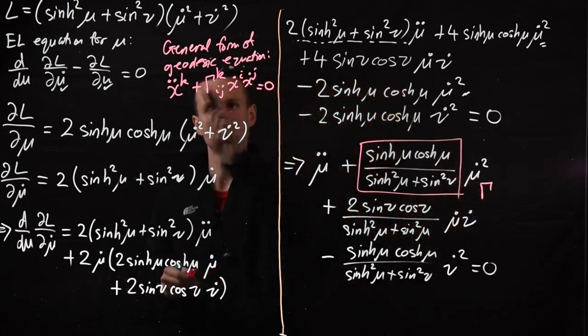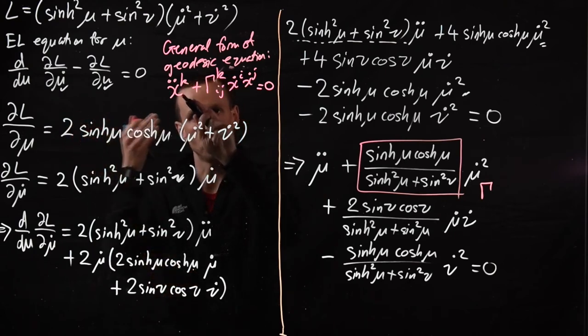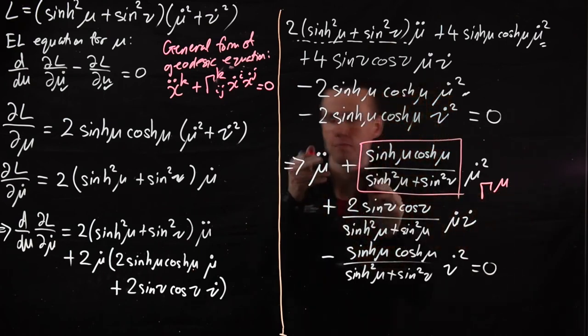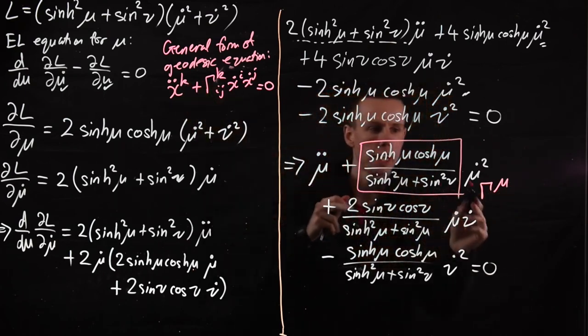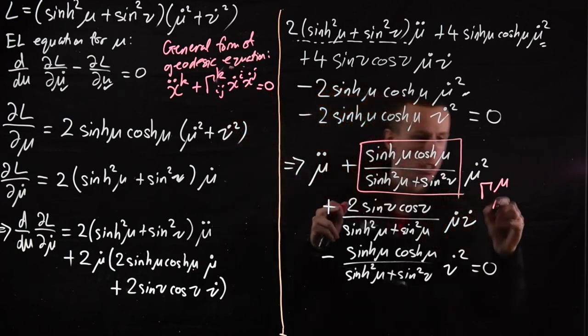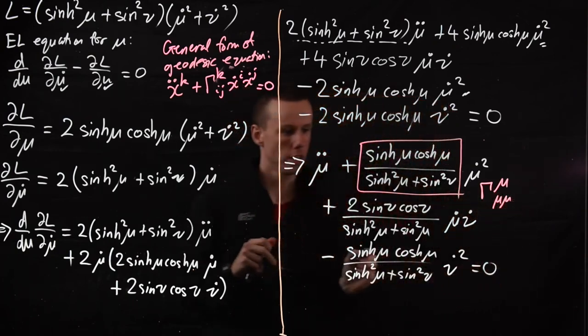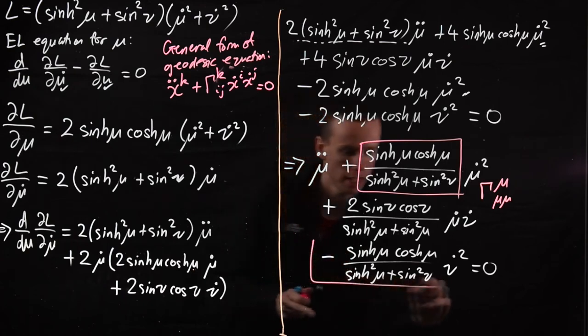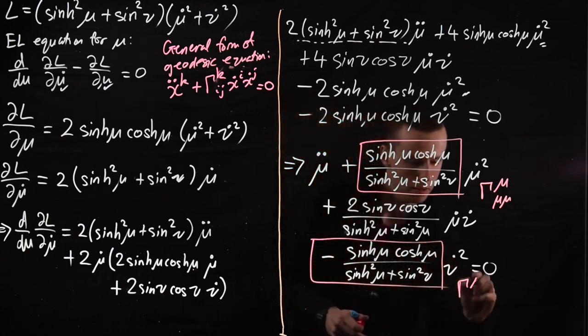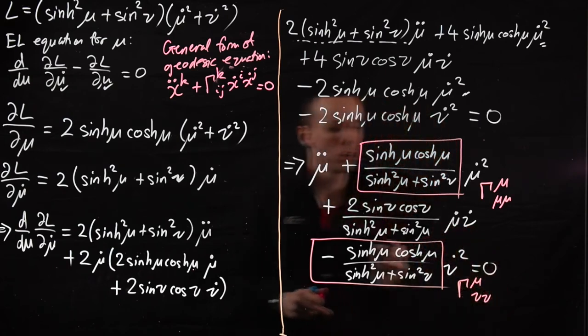And okay, so this is the Euler-Lagrange equation for the mu coordinate. So x k is mu, so it's a mu upstairs. And then downstairs, this is the coefficient of mu dot times mu dot. So mu goes there, and this one down here is the same. So this is gamma mu. Okay, so it's the coefficient of mu.